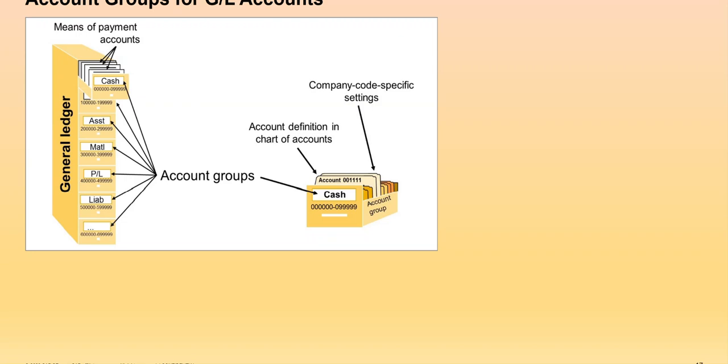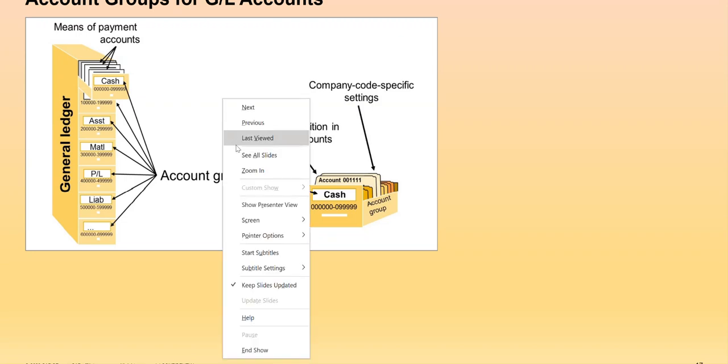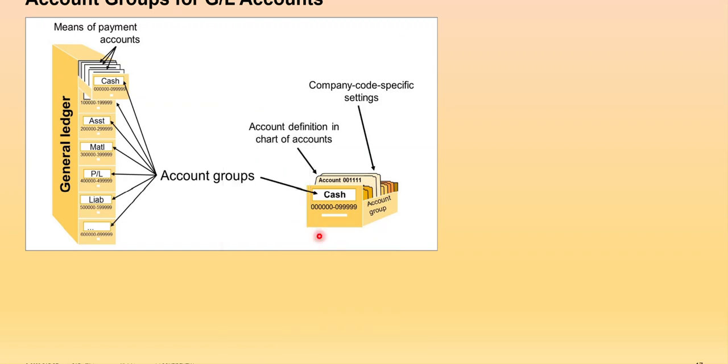For example, you can have account group for cash accounts, expense accounts, revenue accounts, other balance sheet accounts. As you see in this picture, you can have account group, for example, cash, asset, material, P&L, liability, and so on. Again, this design is based on your discussion with the general ledger people.